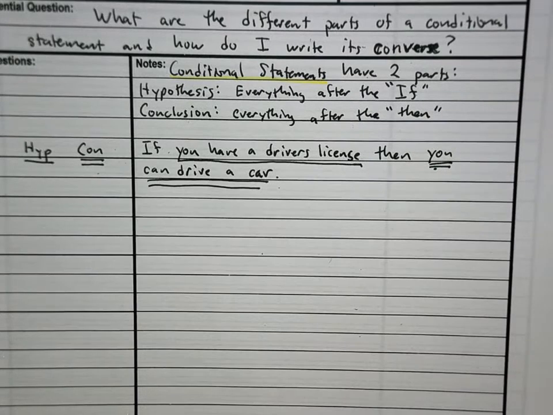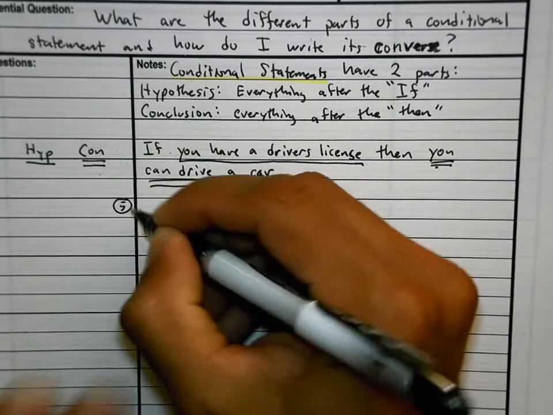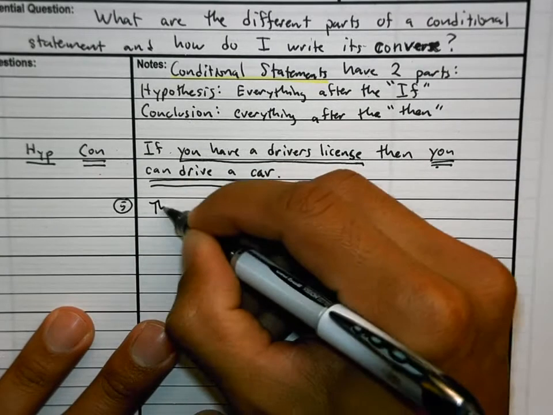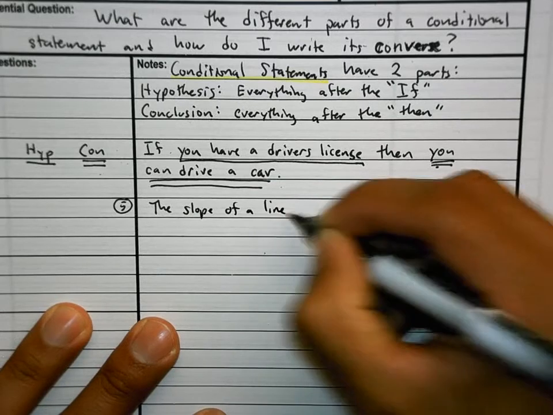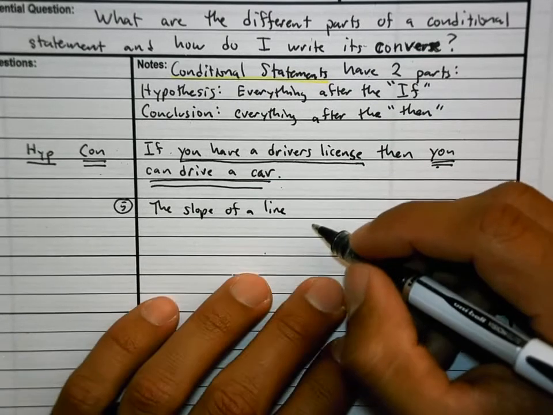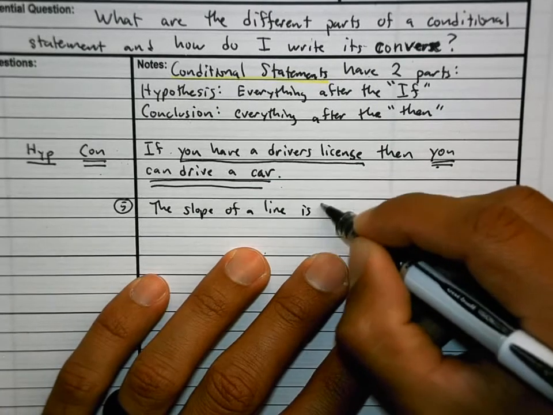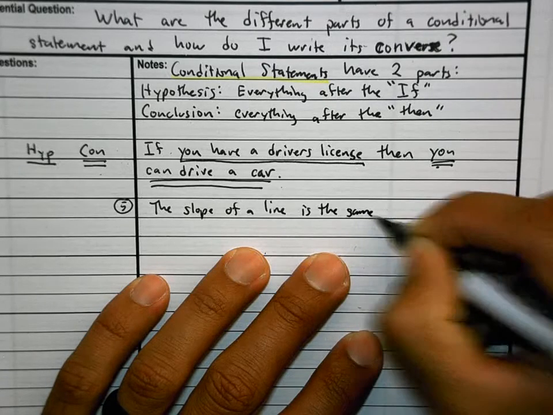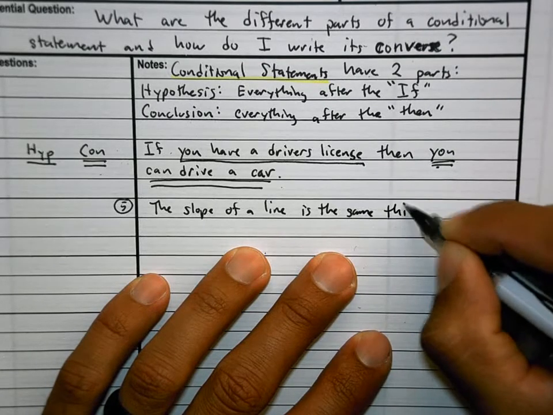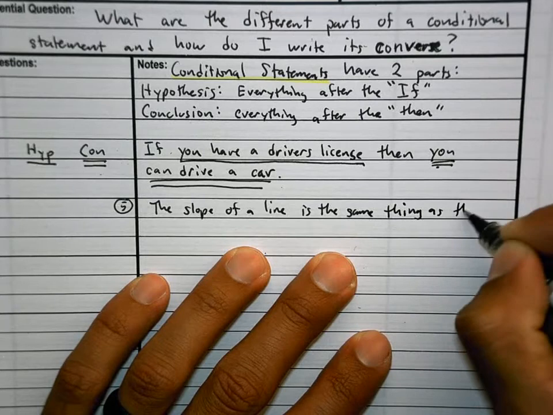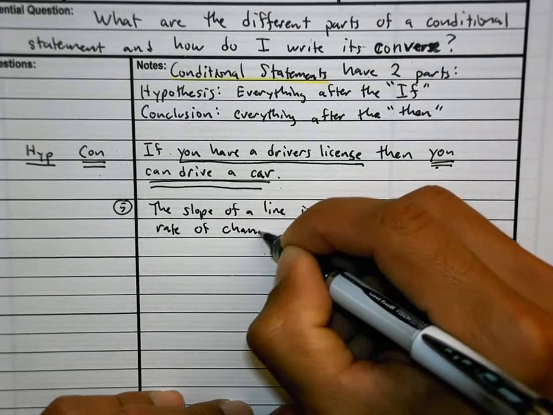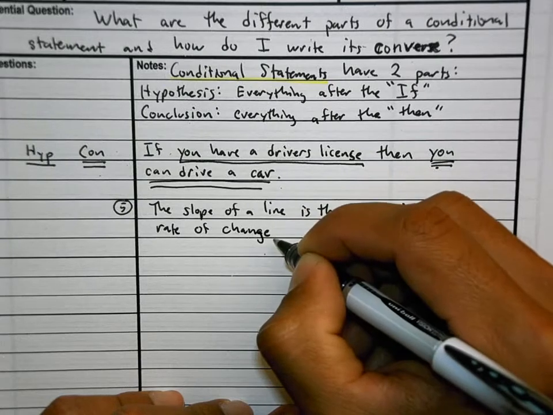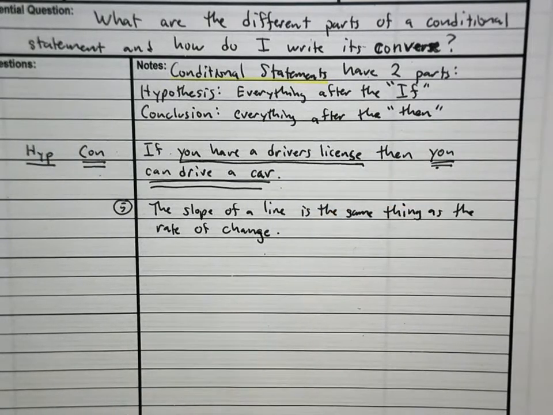For example, this one is number 5. The slope of a line is the same thing as the rate of change. There's our statement.